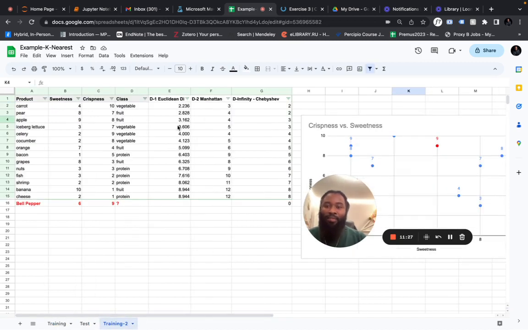So similarly, we find the Euclidean distance, the Manhattan distance, or the Chebyshev distance, and we sort it and look at the closest neighbors, whether it's 3 or 5, depending on the nature of the problem set, and then we determine by a vote. This is how K Nearest Neighbors works.